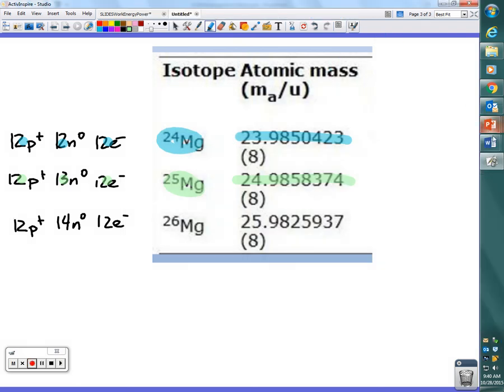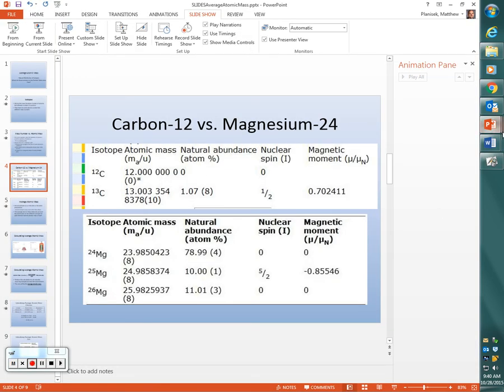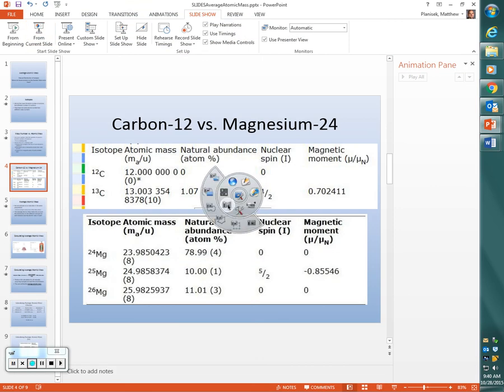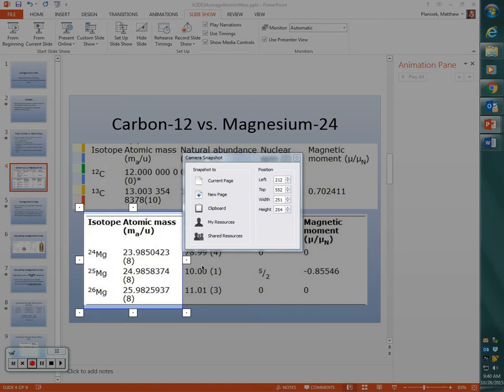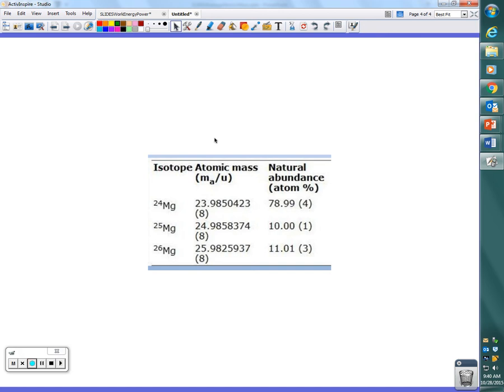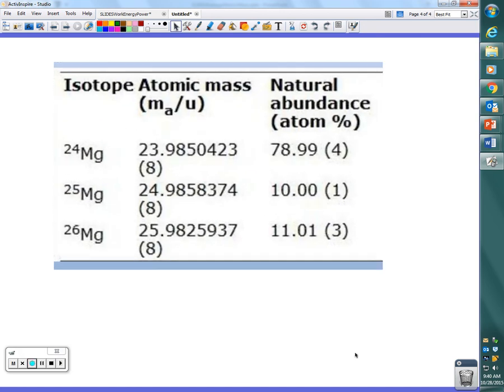But when we look at the rest of this chart, specifically the next column, I'm going to slide this over here. The next column is labeled the natural abundance, and it's described by a percentage.